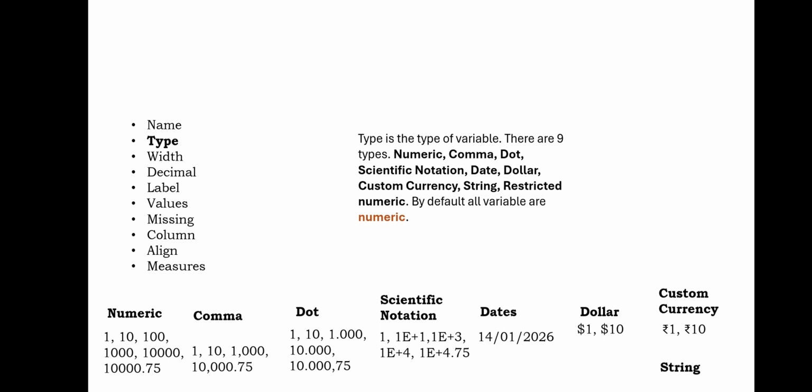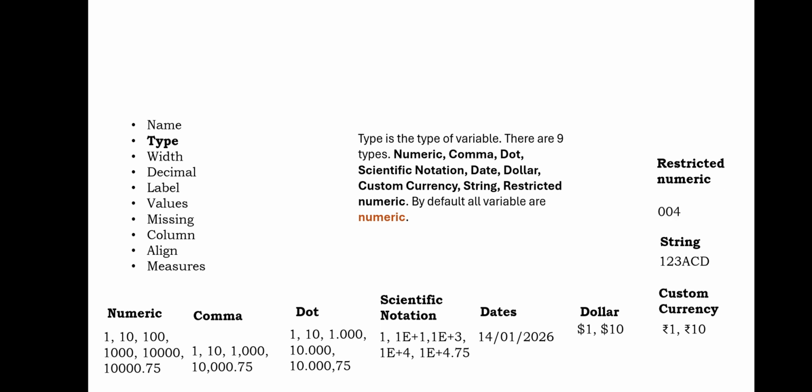Now the variable can also be a string. A string is a combination of numbers and alphabets, like a roll number, like a number plate of a car. They are strings. If you have this type of variable, you can use string as the type of variable. You can also use restricted numeric.